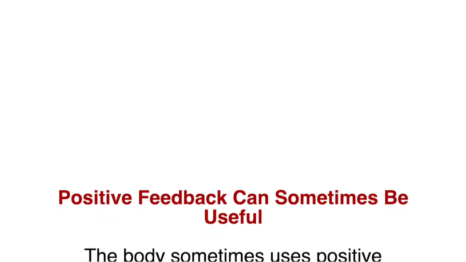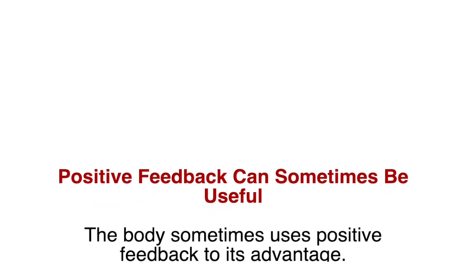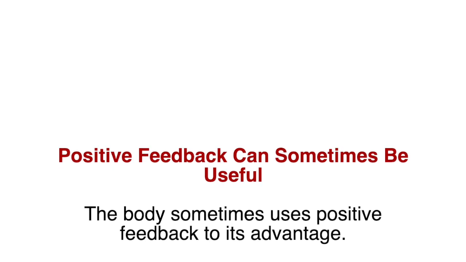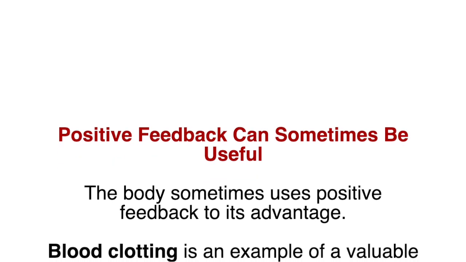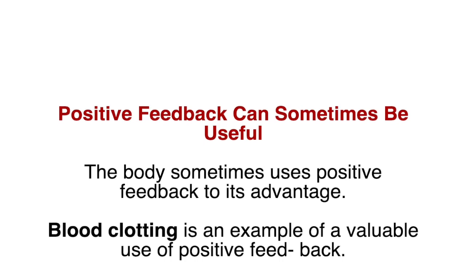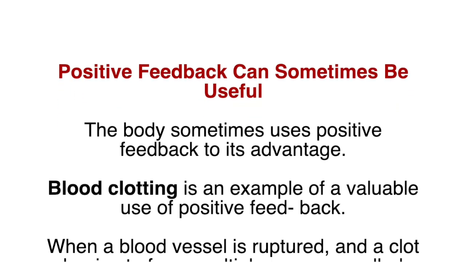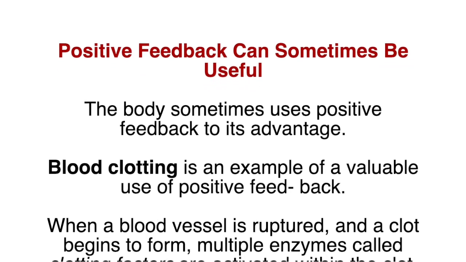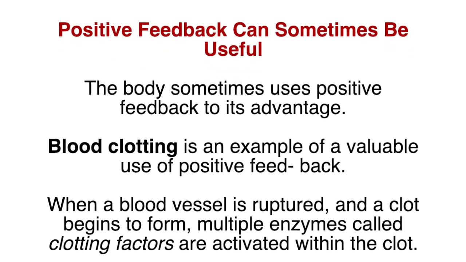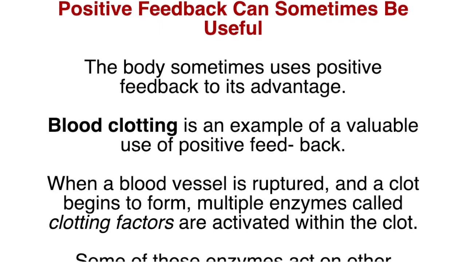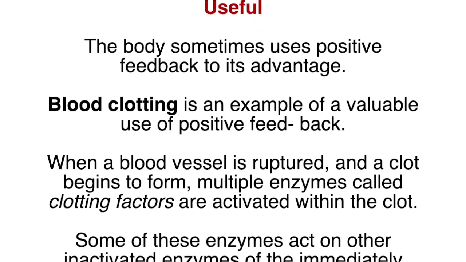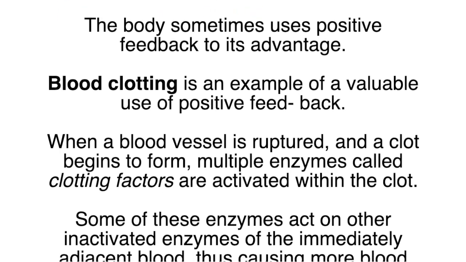Positive feedback can sometimes be useful. The body sometimes uses positive feedback to its advantage. Blood clotting is an example of a valuable use of positive feedback. When a blood vessel is ruptured and a clot begins to form, multiple enzymes called clotting factors are activated within the clot.